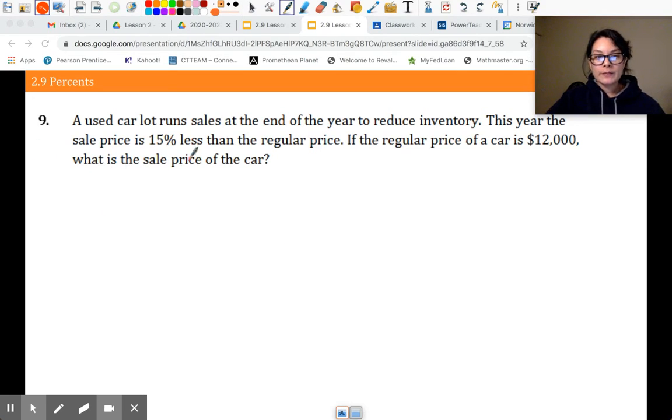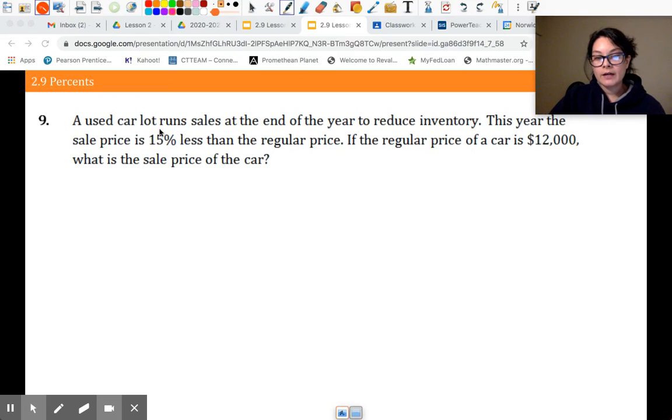So the first thing that I do when I'm looking at these types of problems is I ask myself, is the answer that I'm looking for going to be some sort of discount, something that's going to be less than the original price? Or is it going to be a markup of some sort where it's increasing the original price? So a markup is kind of like the opposite of a discount. It's what stores will do to the price of something to earn a profit.